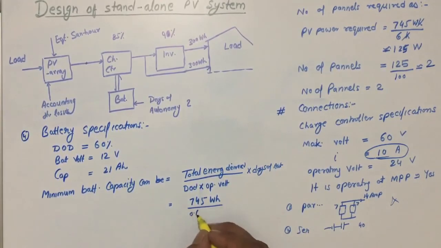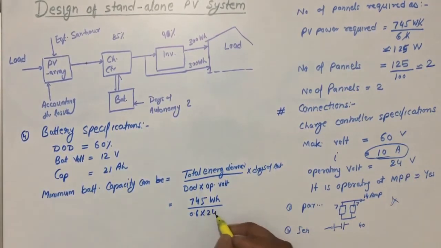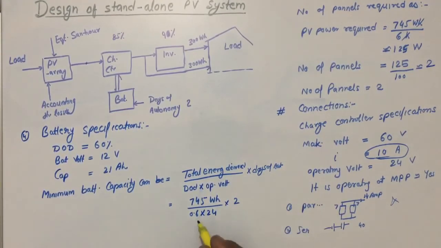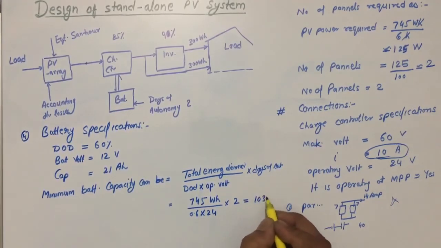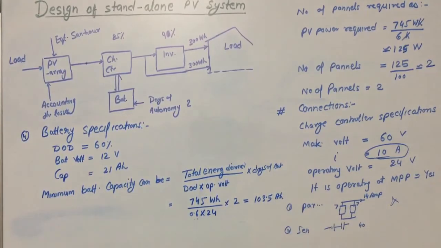DOD is 60%, operating voltage is 24, and the days of autonomy is 2 days. When we simplify, we get around 103.5 ampere hour.